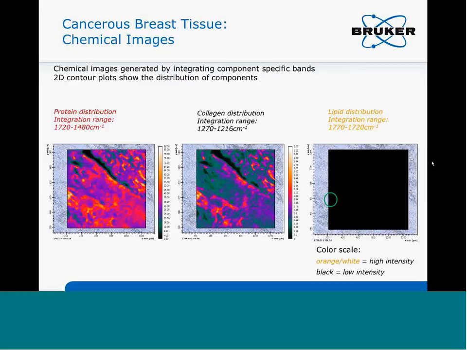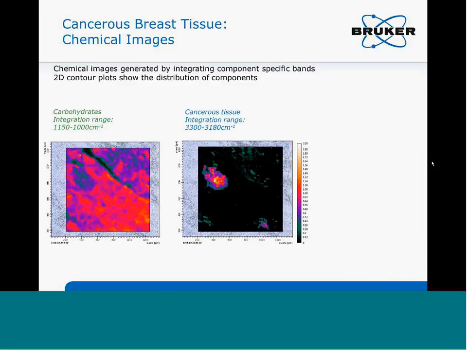This is an example, so you can figure out how the protein is distributed on this tissue. By calculating the area under 1720 to 1480 wave numbers, and doing the same thing to figure out the distribution of collagen or the carbohydrates on the cancerous tissue, which we know happens in the region of 3300 to 3180 wave numbers.